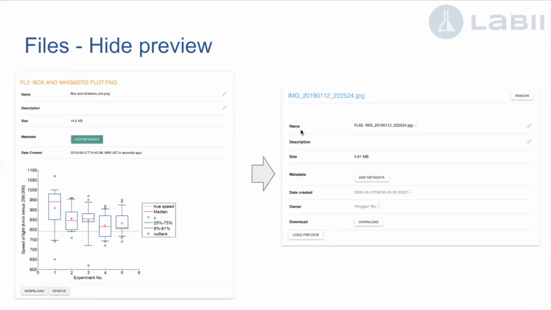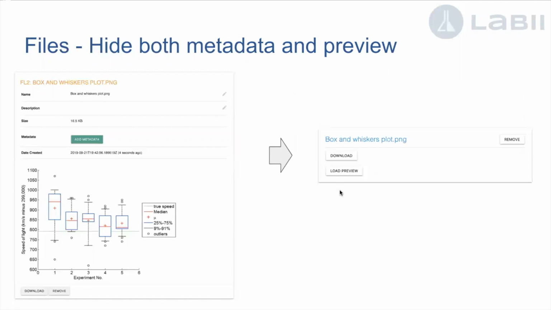Once you hide it, you only see the metadata. And actually you can hide both. If you hide both, you can still download the file, you can still load the preview. But say you uploaded 10, 100 files at the same time, you don't want to preview it or see so much metadata, this will give you so much space.